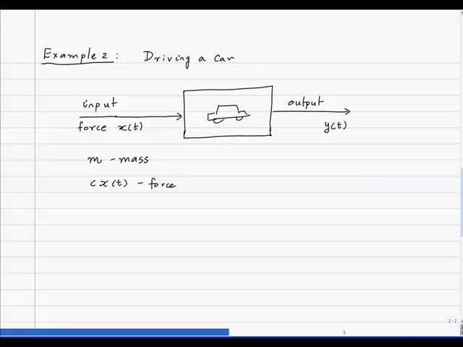The velocity at time t will be the derivative of y of t, and the acceleration will be the second derivative of y of t. And let's say we have some friction, and so the friction force is, say, rho times the velocity, force due to friction.